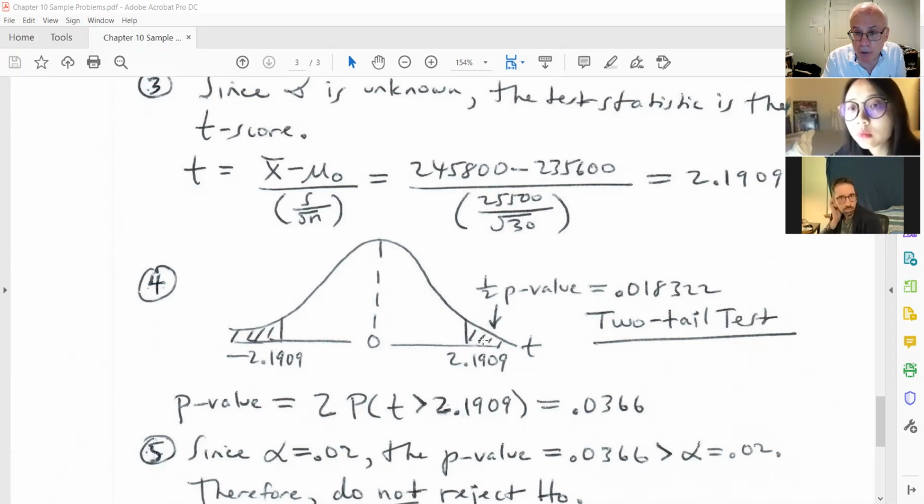What I found was the area to the left. Remember, in the normal distribution and the t distribution, when it asks for cumulative area, it's asking for the cumulative area to the left. I'm interested in the area to the right, which is 1/2 the p-value. This area plus that area is the p-value. Is that correct? Yes.